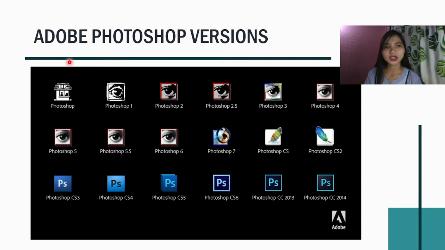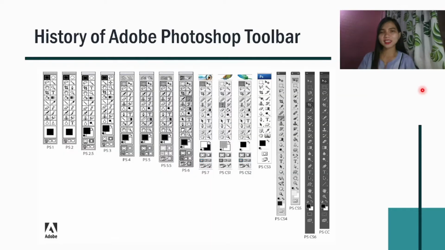So these are the Adobe Photoshop versions, class. So from this icon to this one, and so on. Okay, so the next thing that we are going to discuss is all about the history of the Adobe Photoshop toolbar. Okay, so when we say toolbar, class, this refers to this one. Okay, so ang mga tools na gigamit sa Photoshop.